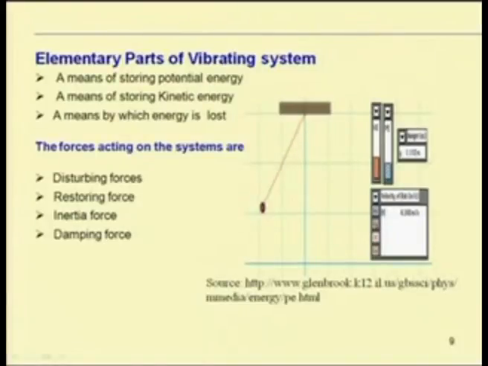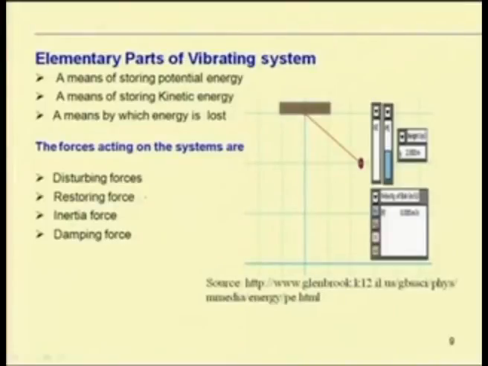In this way the vibration continues. So you require a disturbing force, restoring force, inertia force, and to damp out the vibration you also require a damping force. The stiffness is responsible for the restoring force, the inertia force corresponds to the mass of the system, and the damping force arises from the damper of the system.